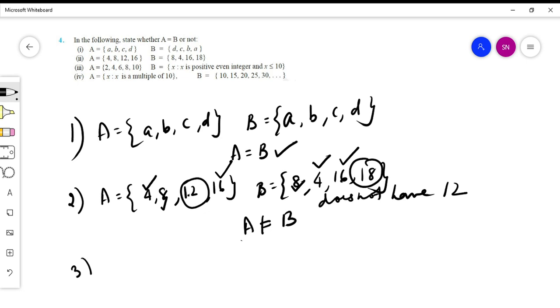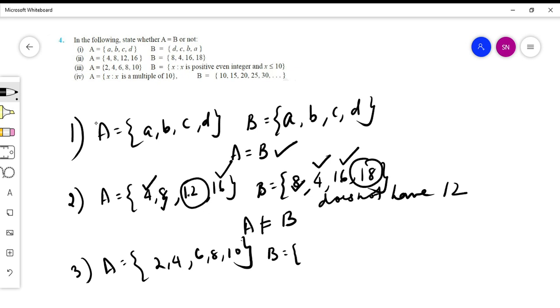In the third question, I have A = {2, 4, 6, 8, 10} and set B is given to us in set builder form. What does it mean? Set B is the set of all x such that x is a positive even number less than or equal to 10.